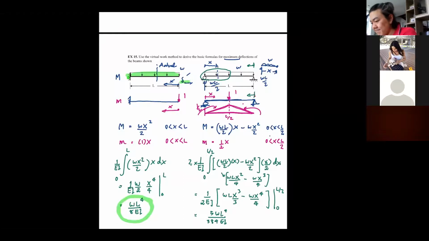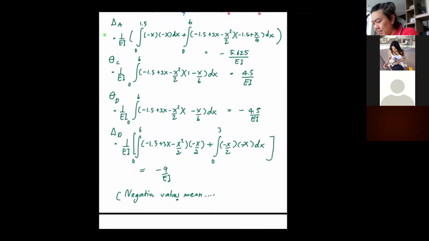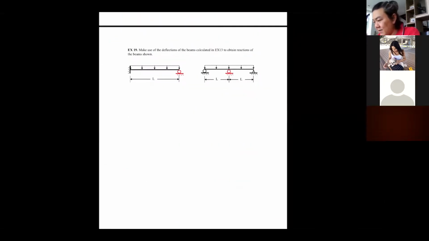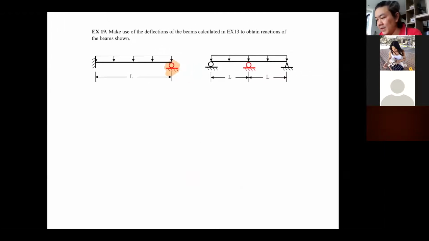So if I look at this again, the same beam, but this time I have the roller here. So right away, if this is your structure, this becomes the indeterminate structure, correct? Yes. Thank you. So this is the indeterminate structure.